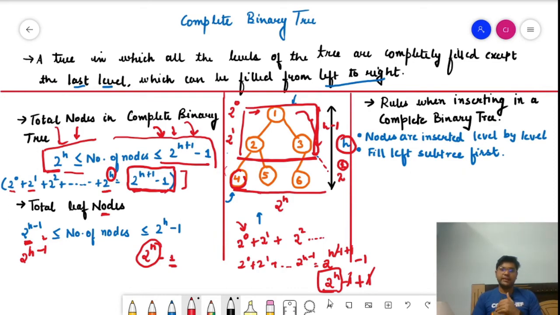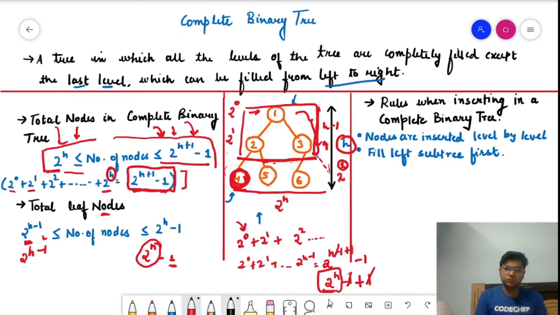So the case in which we have a height h: we can have a single node. Let's say that these two nodes, 5 and 6, are not there, and we have a single node, correct? So the nodes present at height h minus 1 will also be a part of the leaf nodes. Why?